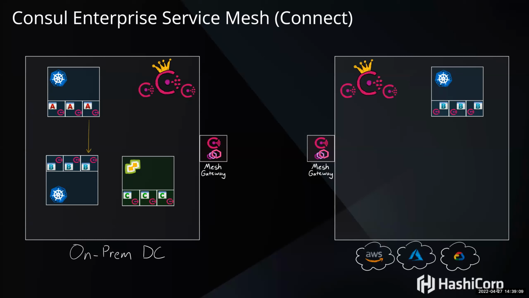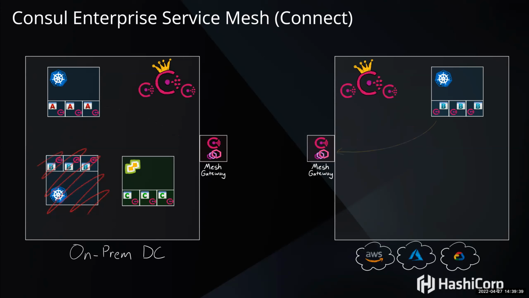If service B, which is an upstream for A, completely bombs out, or that whole cluster disappears, Consul has the intelligence to know that an instance of B is also running in a remote data center. So I have B running on AWS or Azure or GKE somewhere. Consul will automatically route that traffic through the mesh gateway to the remote destination where B is running, to the healthy instances of B.